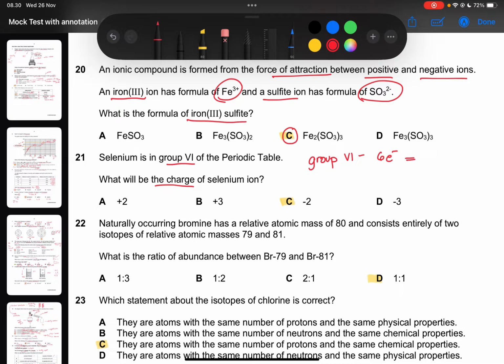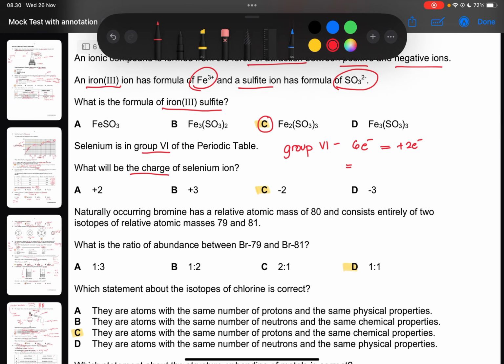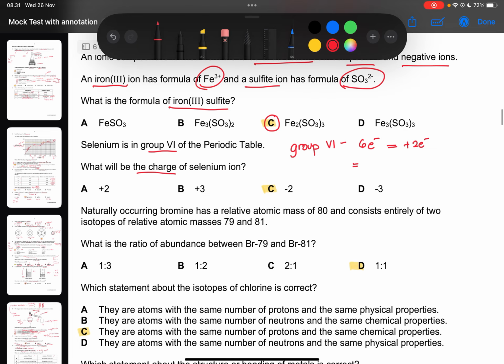Therefore, it will require to receive 2 more electrons to complete the valence electron. Therefore, if they add 2 more electrons in their outer shell, they will become 2 negative. So that is their charge.